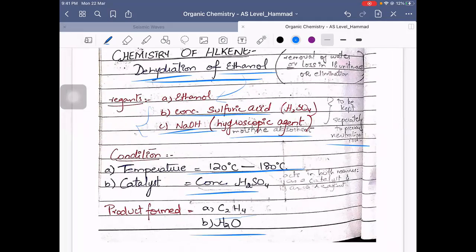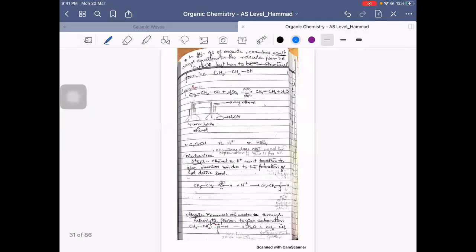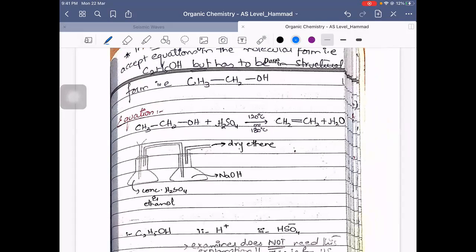So as a result, if you were to take a summary from here, let's say if you are dehydrating propanol, you get propene. If you are dehydrating butanol, you get butene, and so on. The container is kept aside somewhat like this, right?